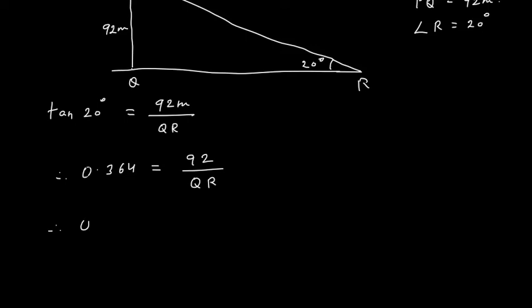So therefore QR into 0.364 is equals to 92, and therefore QR is equals to 92 divided by 0.364.